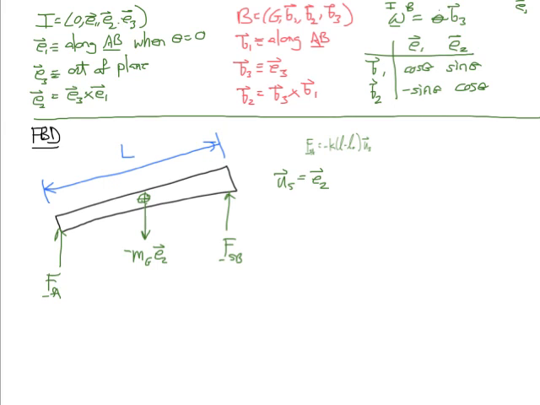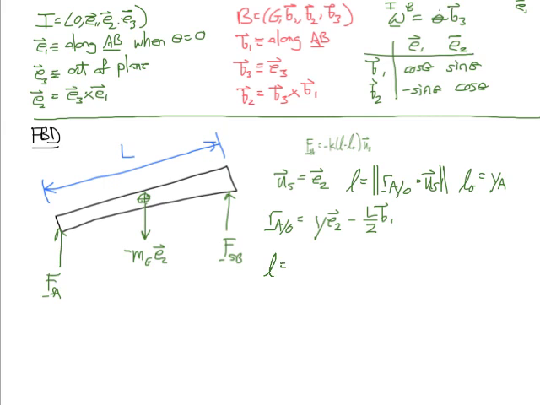And then the length of our spring, L, will be the norm of R, A with respect to O, dotted with U sub S. And then our resting length, L naught, is Y sub A. Our position vector, R of A with respect to O, is equal to Y in the E2 direction, so we're going from point O up to G, so that takes us to Y in the E2 direction, and then we're going to go to point A, which is negative L over 2 in the B1 direction.